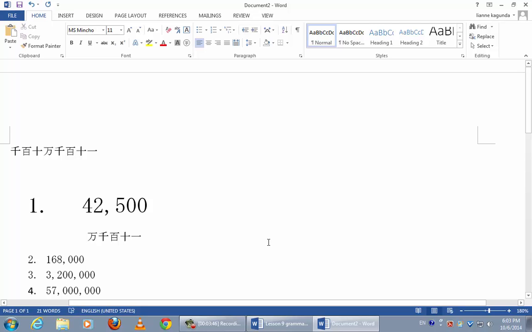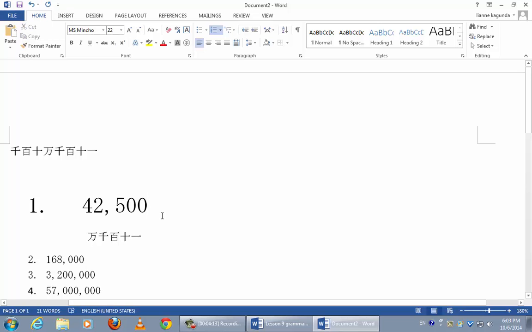So if you're looking at this, you can use this as a sort of cheat sheet to help you know how to read it aloud in Japanese also. Because if you're pronouncing it in Japanese, this is yon man, nisen, go hyaku. Don't say the ones for the zeros. So yon man, nisen, go hyaku would be how you would pronounce this number.